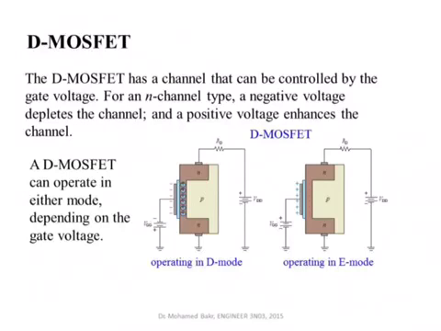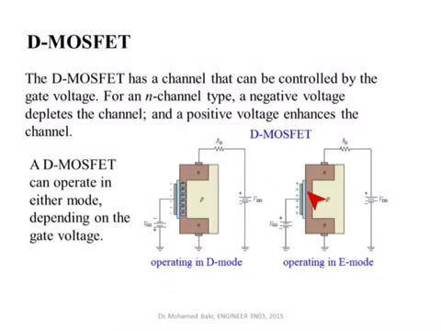And again, for this D-MOSFET, you can have an N-type MOSFET as this one, because conduction is happening through an N-type material. You can have a P-type, so this can be P, this can be N. And this again is a four-terminal device. A D-MOSFET can be used in the depletion mode when you have a negative voltage applied between the gate and the source, and in that case you are trying to repel the electrons away from this channel, or in the enhancement mode when you apply positive voltage between the gate and the source.